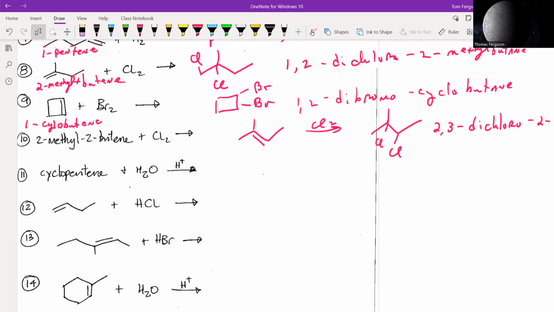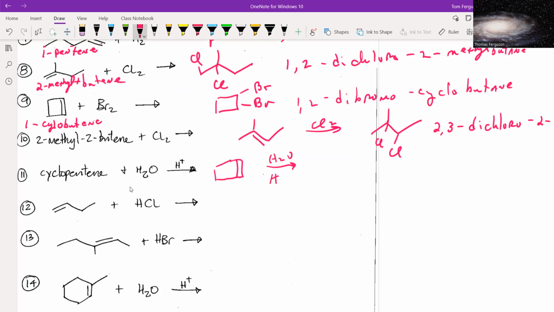Okay, so we have cyclopentene with water. Cyclopentene will look like that. And water is going to add across the double bond. And you'll see it either H plus or H2SO4, sulfuric acid. And so that HOH is going to add across the double bond. You end up with no mix because the two molecules you make are the same molecule.